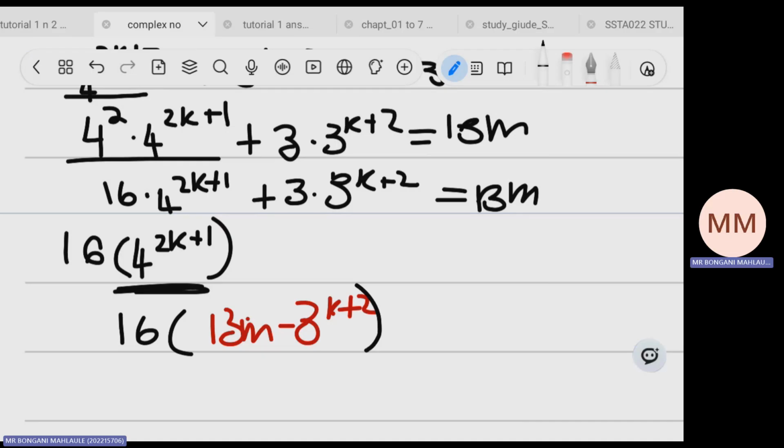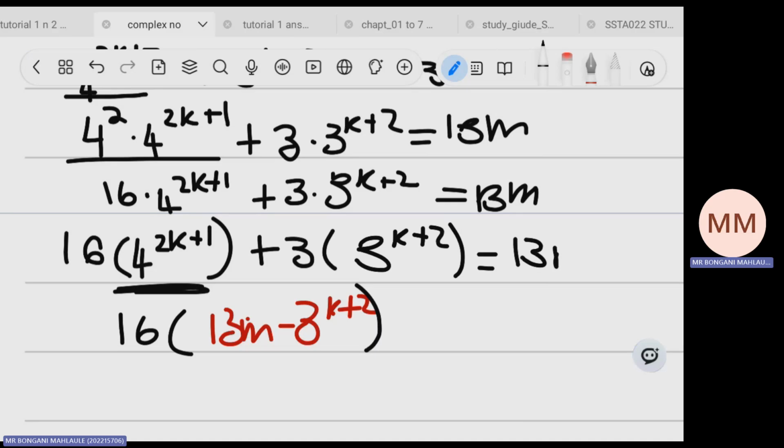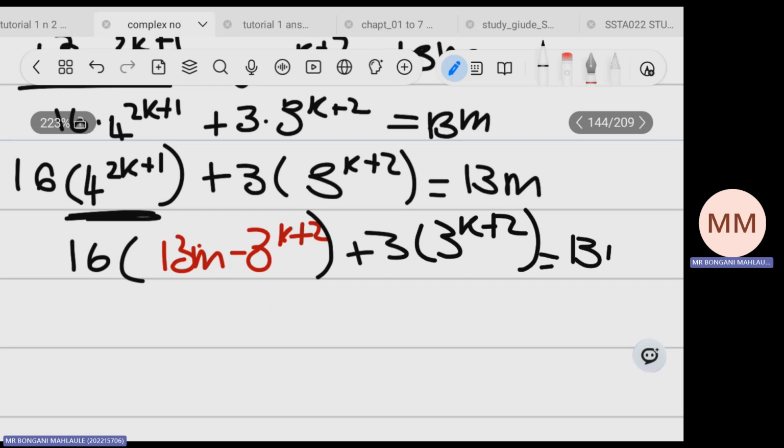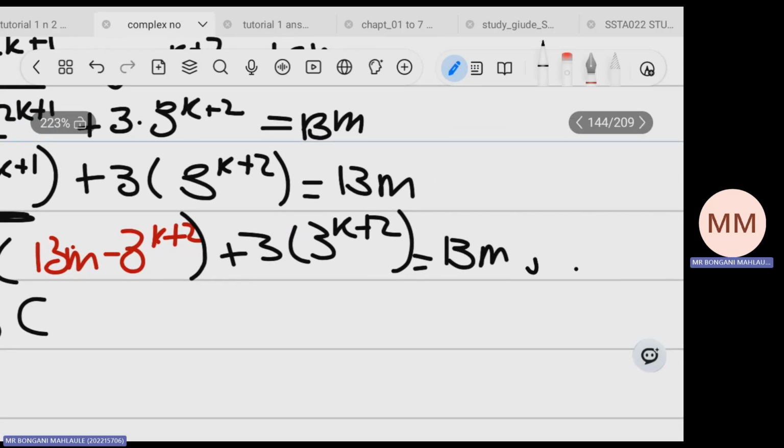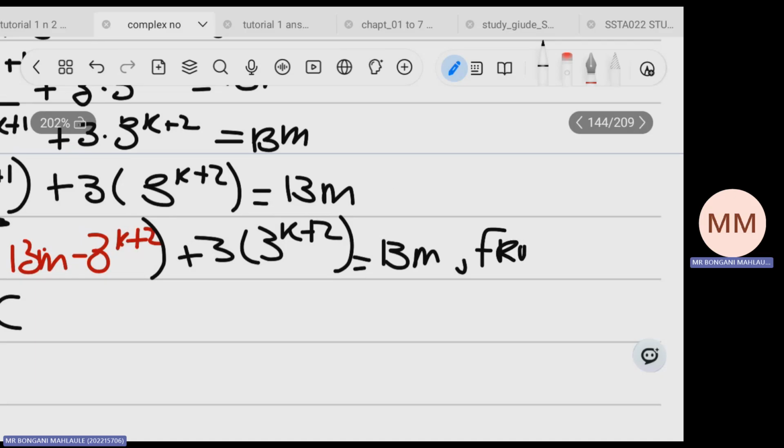Then you must write a reason for where you're finding that. So here we can see that I am going to replace this, but before that you must say from the assumption. Write your reason.